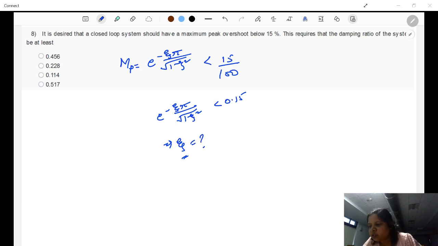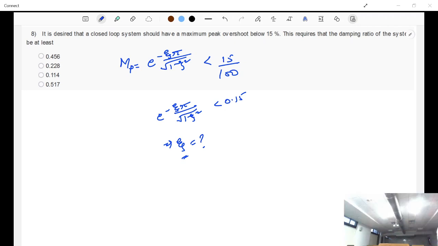Please try to find an answer to this question. Has anyone got the answer?